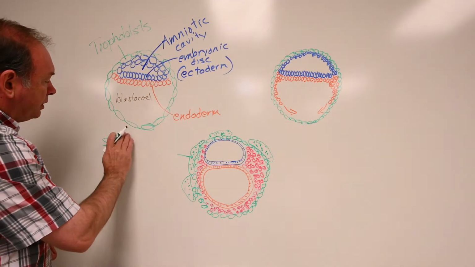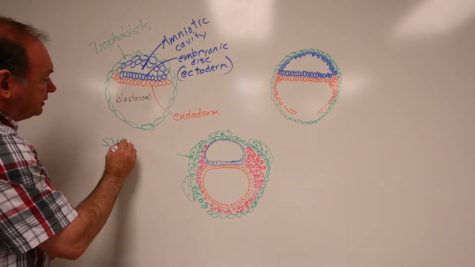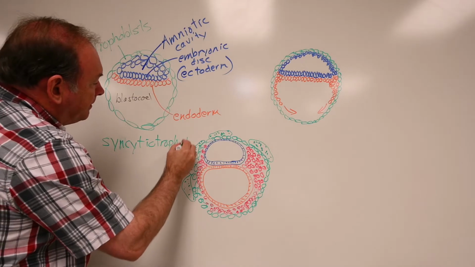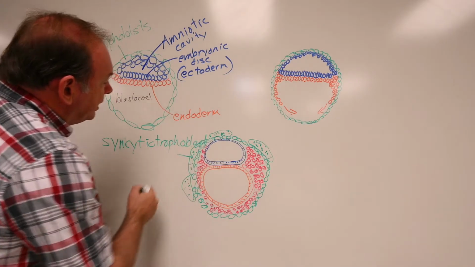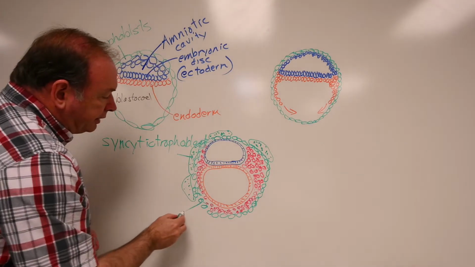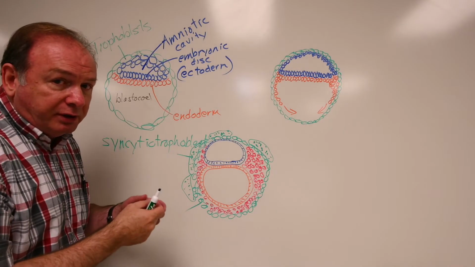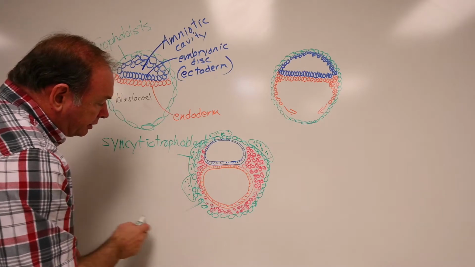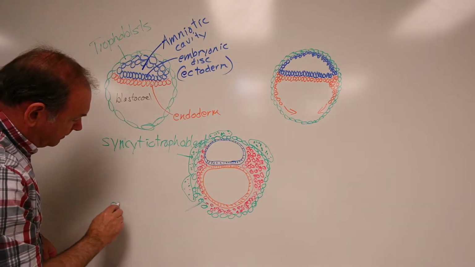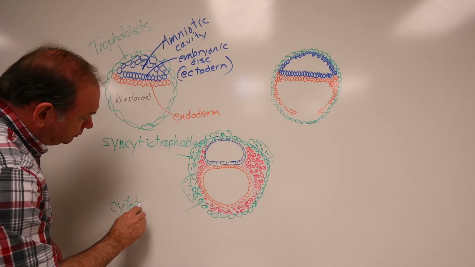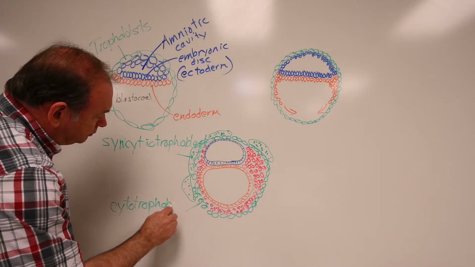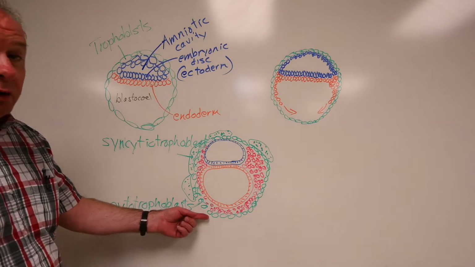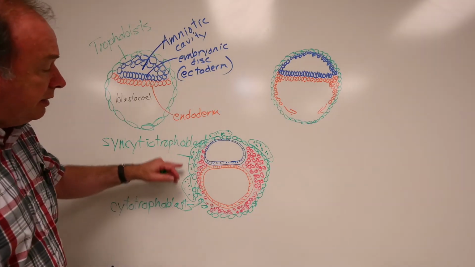The others are still cellular, individual cells and individual nuclei wrapped in their membranes, and those are considered cytotrophoblasts, or cellular trophoblasts. These out here are syncytial.